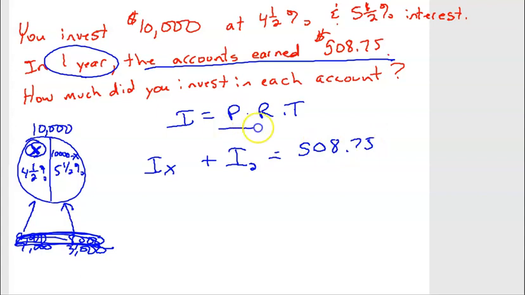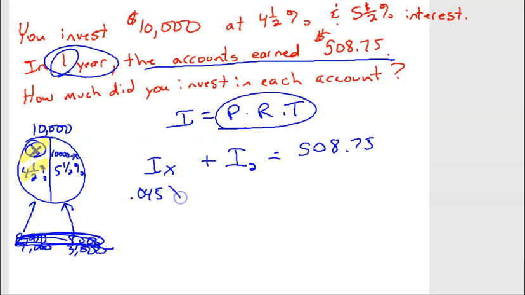And remember, interest is principal times rate times time. I'm basically going to multiply the principal times the rate, and the time is just 1 year. So this is going to be 0.045 times x, plus 0.055 times 10,000 minus x.